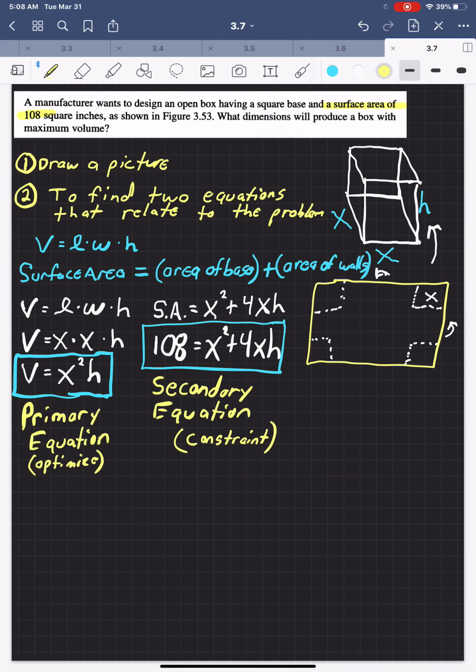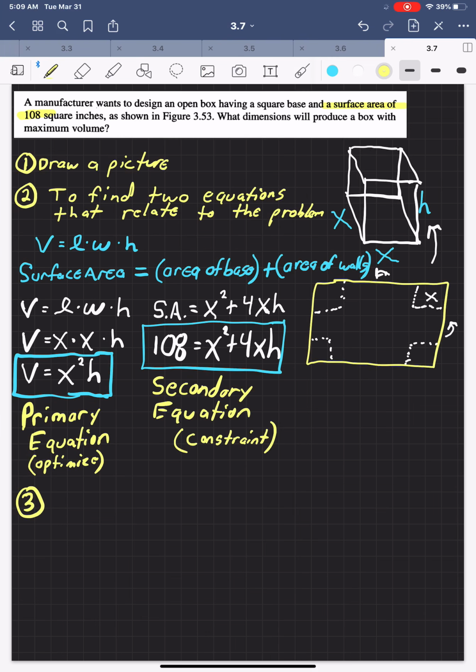So step 3. In step 3, we are always going to substitute before we take any derivatives. All right? Right now we have 2 equations.